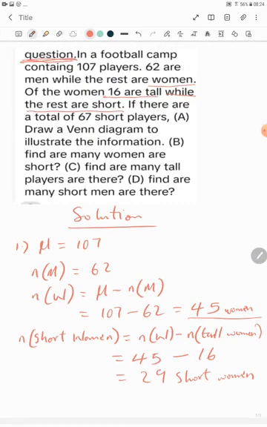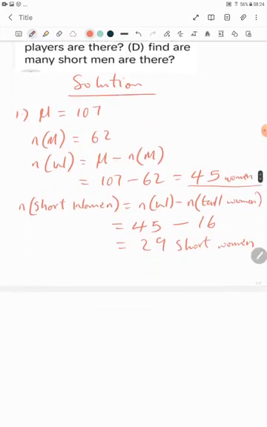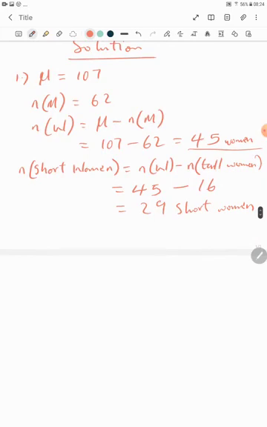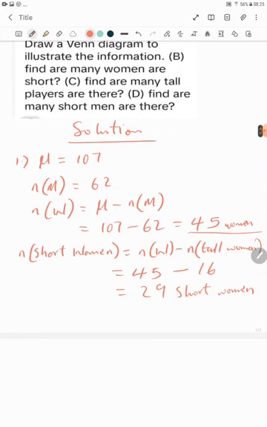If there are a total of 67 short players, so we have 67 short players. So in this case, both men and women, the players who are short, the total of them is 67. So that means that we can easily get the number of men that are short players.